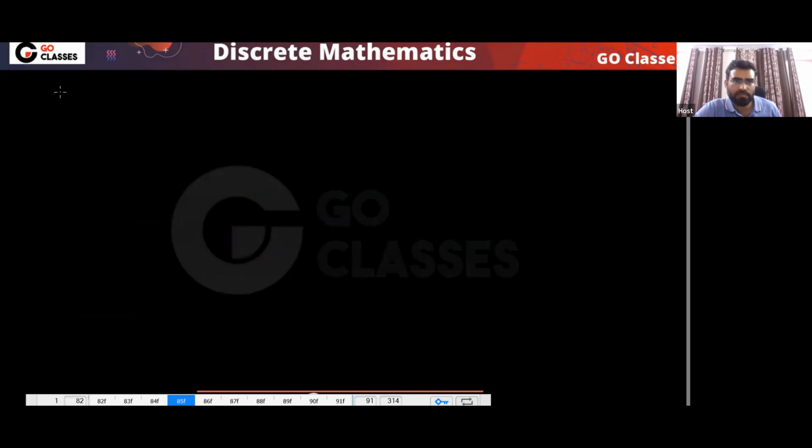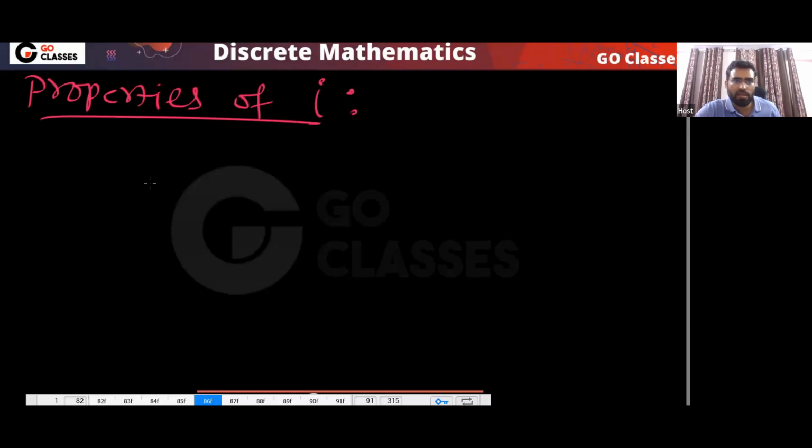Is this a group? So this is the set 1, minus 1, iota, minus iota, under multiplication. You should remember the properties of iota. What are the properties of iota? First of all, iota is equal to square root of minus 1. So what will iota square be? Minus 1.